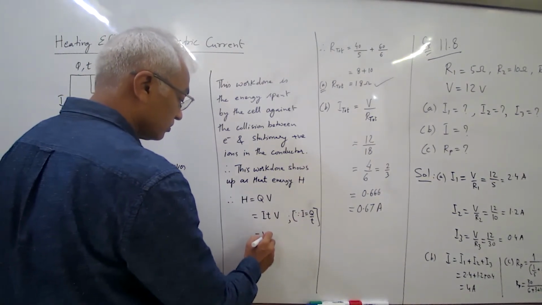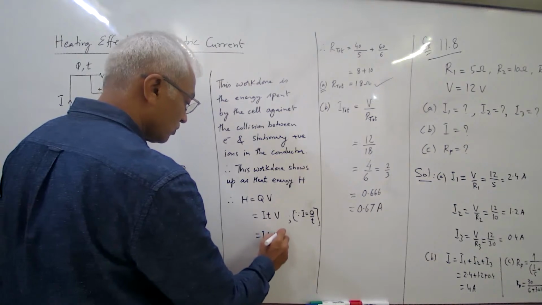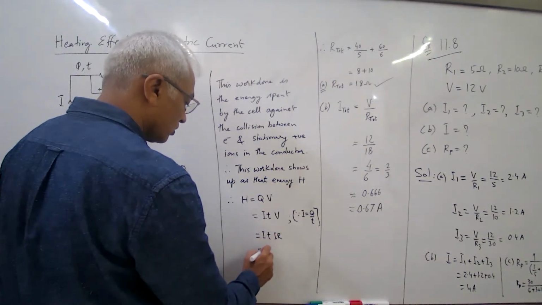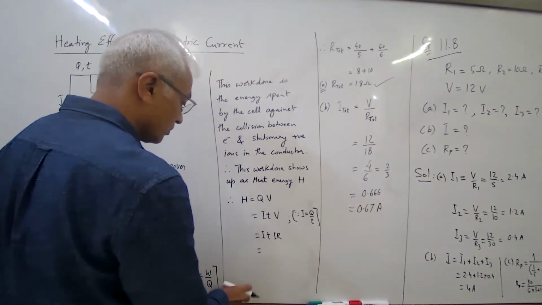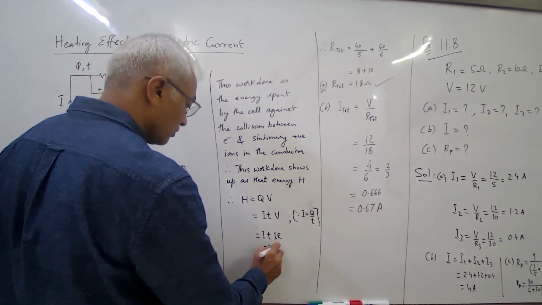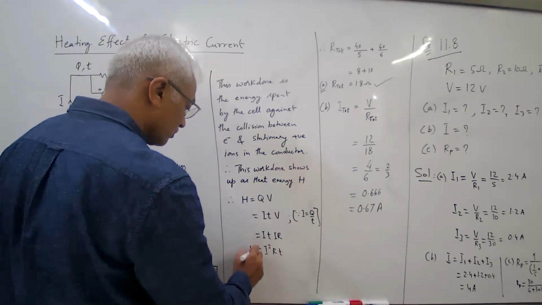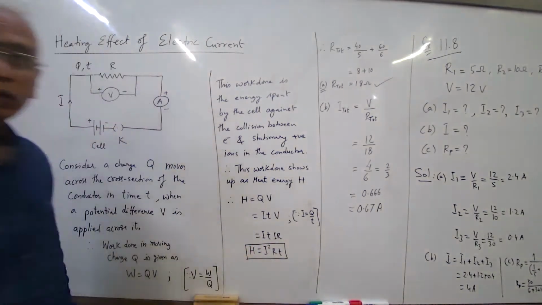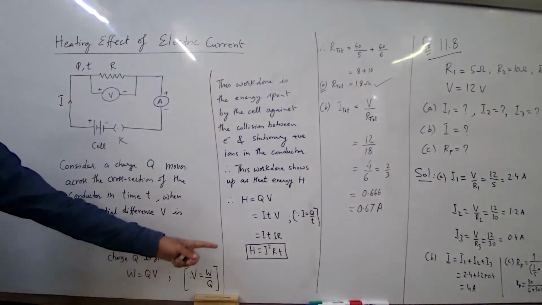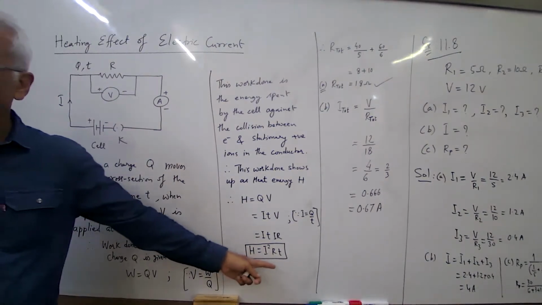So this becomes I square RT. This is the expression for heat produced when current flows through a conductor of resistance R for time t.